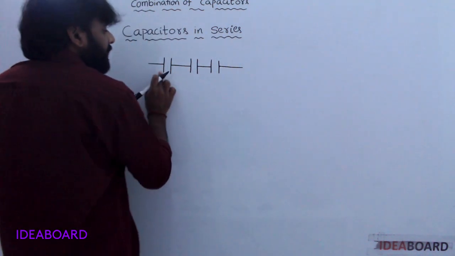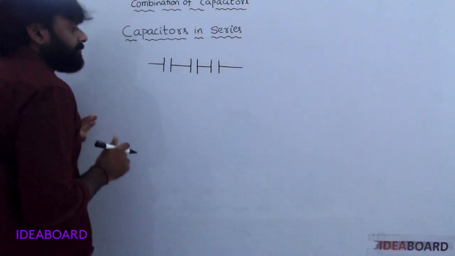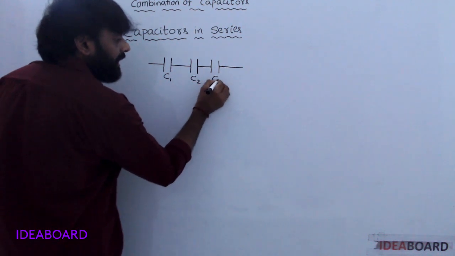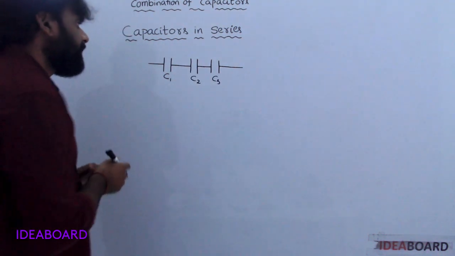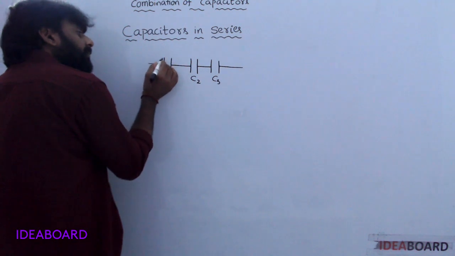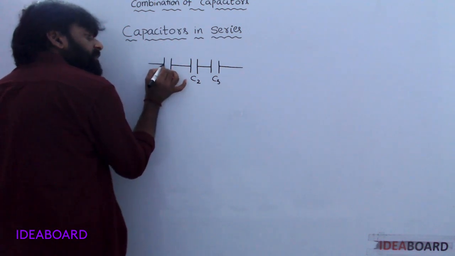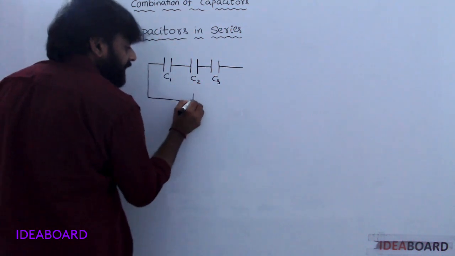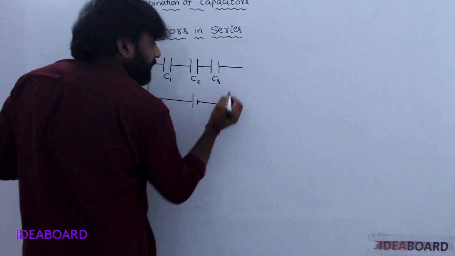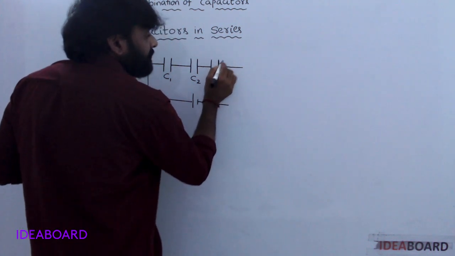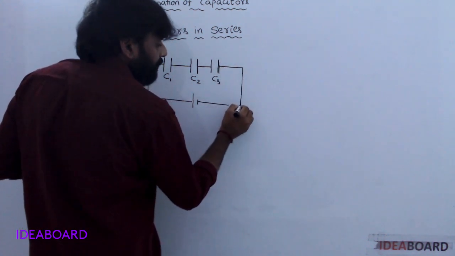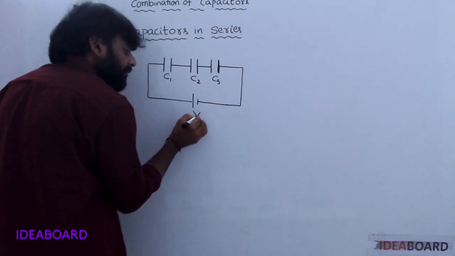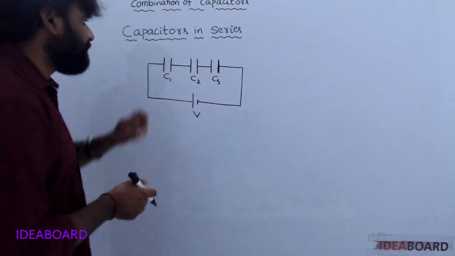Here we consider three capacitors with capacitances C1, C2, C3. The first plate of the first capacitor is joined to the battery positive terminal, and the second plate of the last capacitor is joined to the battery negative terminal. Here the potential of the battery is V.